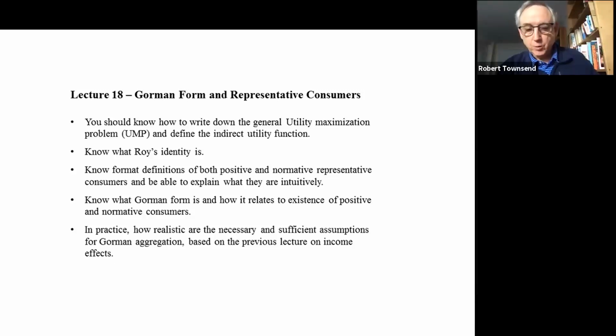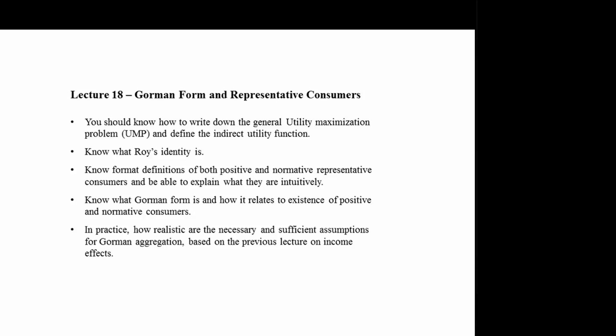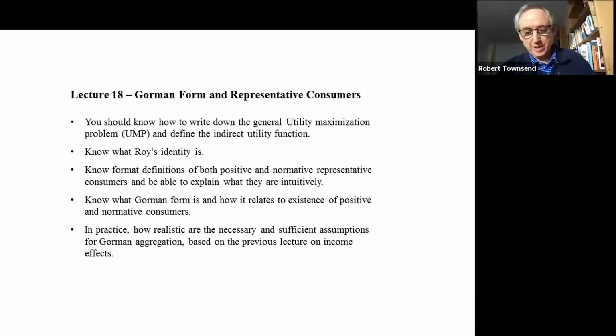Does the word indirect utility come to mind? Okay, it's the indirect utility function, which is the maximized utility subject to the given vector of prices and wealth.